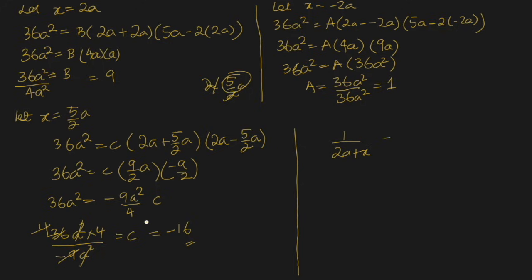Then we get minus 9, b is positive 9, 2a minus x, and then we got negative 16 over 5a minus 2x. This is the partial fraction.